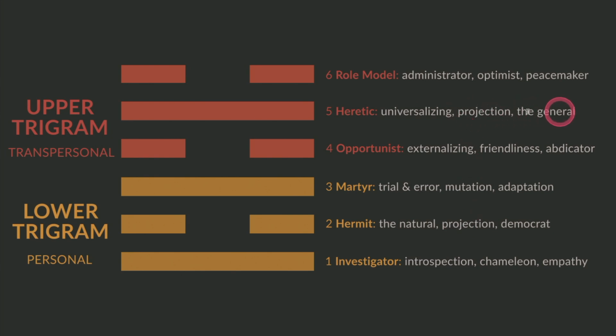It's the role of the general. So what does the heretic do? Where the opportunist is social and networked, the heretic tries to universalize the theme of any hexagram it touches. The fifth line of any hexagram is the universalizing force. It's actually seen as the highest power.